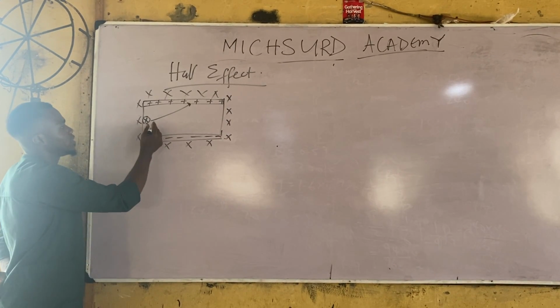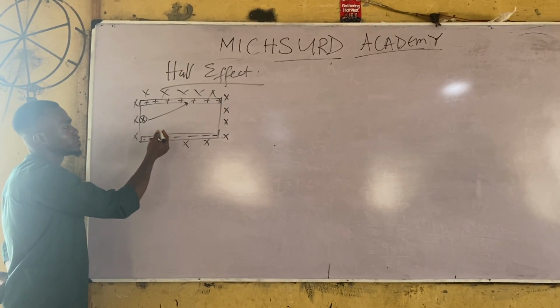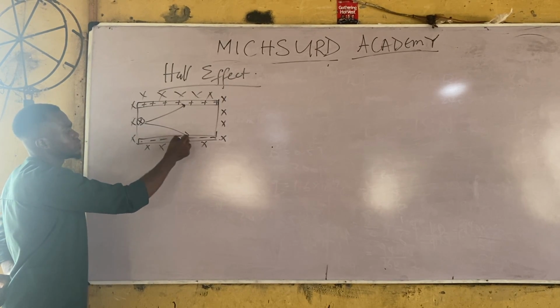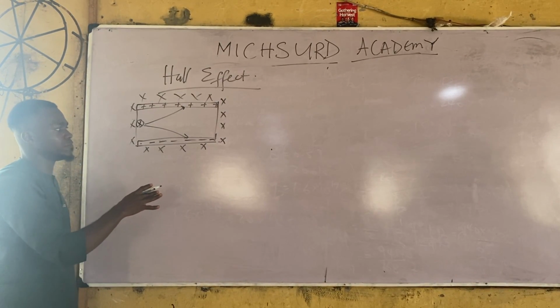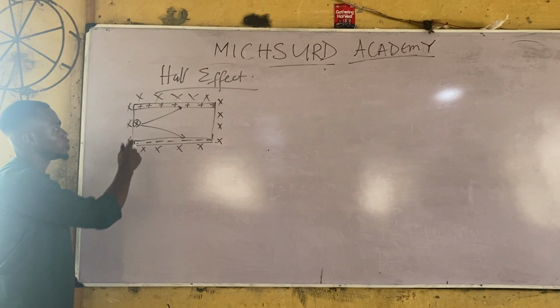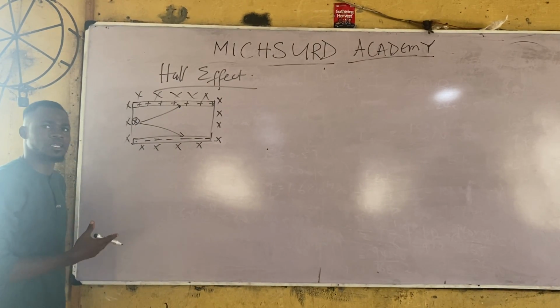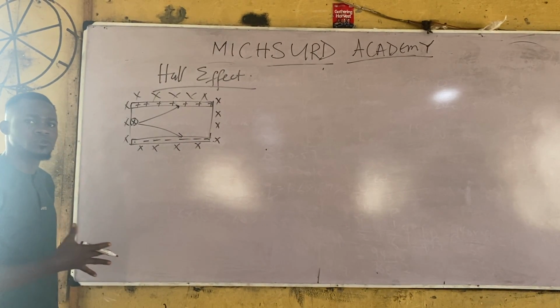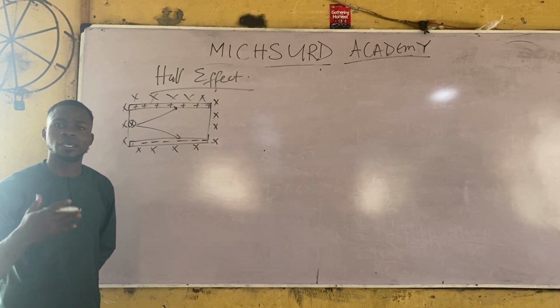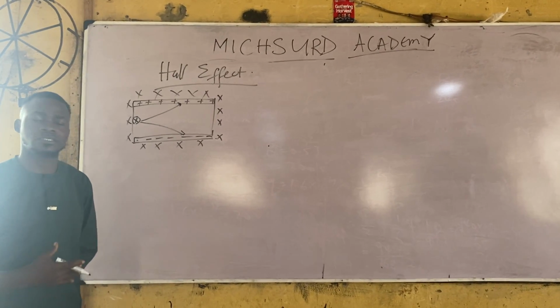The same, if X is a negative charge, it will drift towards the negative strip of the conductor, which means that X is negative. So with the Hall effect, we can simply detect the sign of a charge carrier.